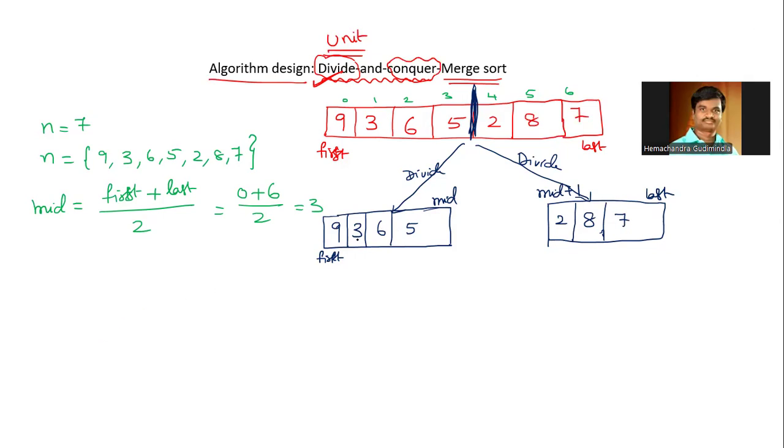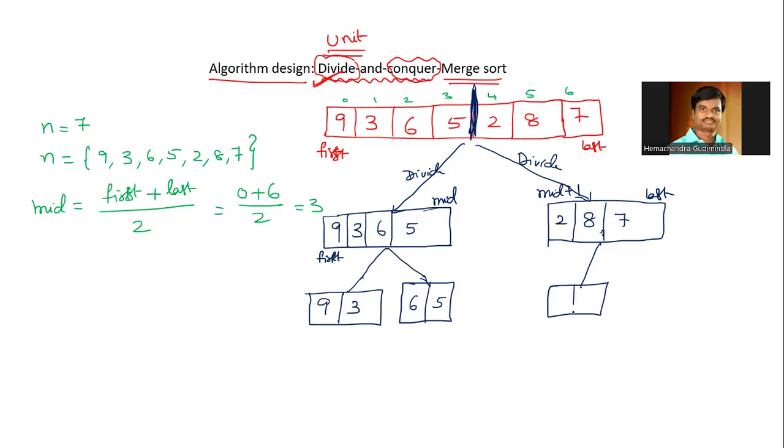Now we have to further divide this into left portion and right portion. How to find this? Again, the midpoint of these two. 9 3 will get separated here, and here you will get 6 5, and here you will get 2 8, and on the right side you will get 7.